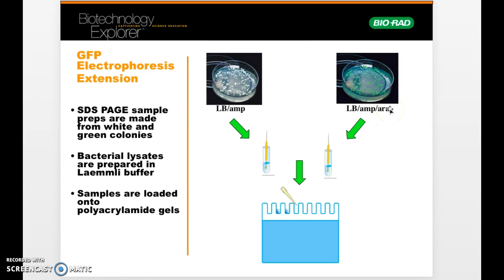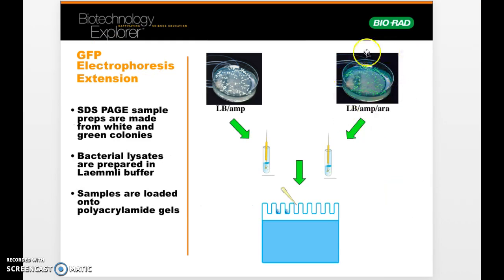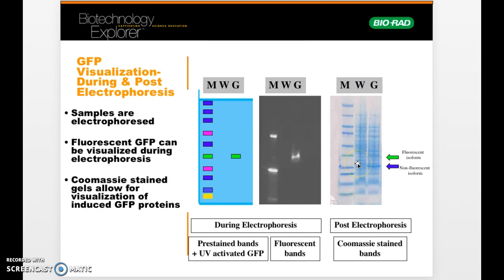And we can do gel electrophoresis to see the difference between the two, because the proteins produced here are different from here. So if we run gel electrophoresis for the proteins made, we can see the difference in the gel.